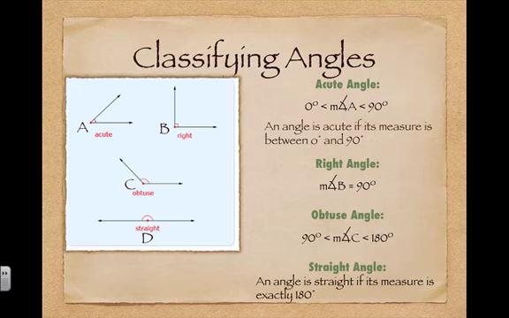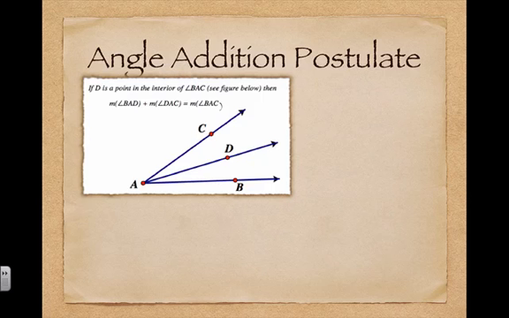All right, let's move on to the next slide. So we have the angle addition postulate. This is similar to the segment addition postulate, which says that basically if we have two angles that have a common ray or a common side, just like this one does right here. So we have two angles here that share side AD.